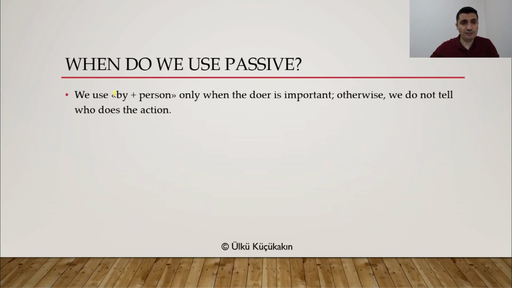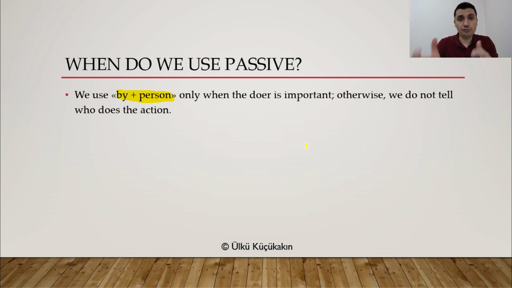Another point about passive is we use by plus person only when the doer is important. Otherwise, we do not tell who does the action. Now, sometimes the doer is also important, such as America was discovered by Christopher Columbus.